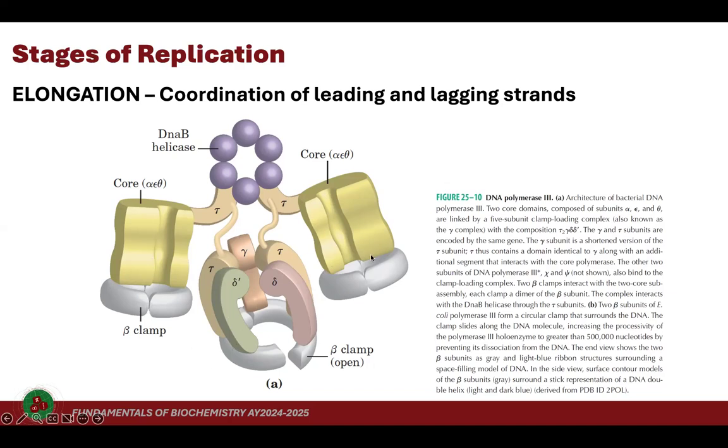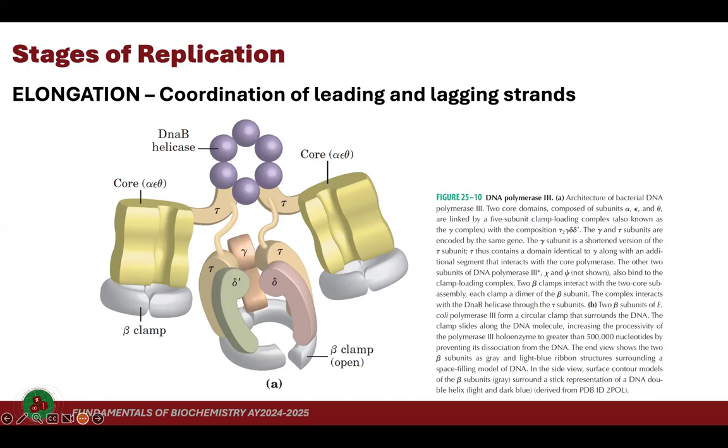Okay, 2 beta clamps attached to the core and 1 beta clamp that is attached to the clamp loader. So what's happening here? We will see in a short while, but notice that if the beta clamp is attached to the core, it's closed. But if it's attached to the clamp loader, it's still open.